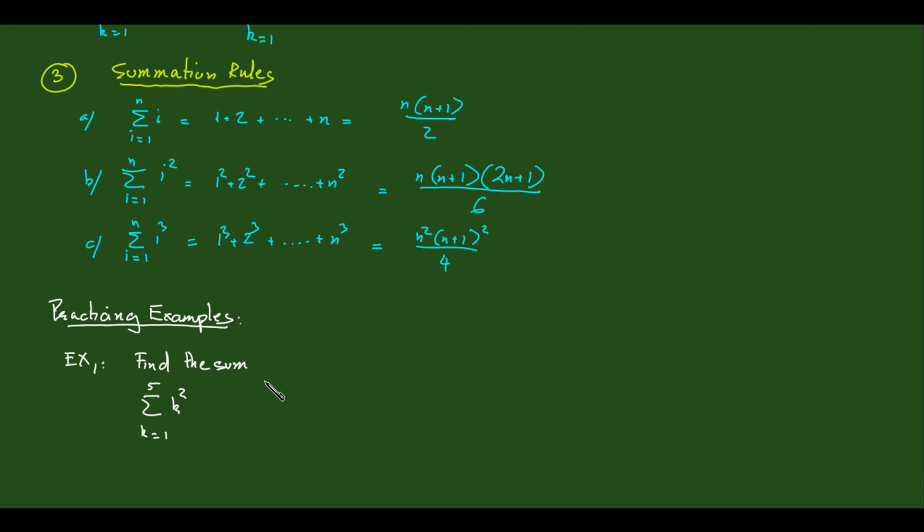We want to find the sum. Very easy. You get 1 squared, plus, since it's from 1 to 5, k equal 2 squared, k equal 3 squared, 4 squared, 5 squared. Go ahead, add them up. It gives you 55. Very easy, right? So all you need to do is the substitution.